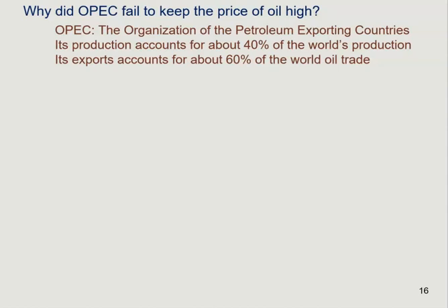When they announced a production cut, in the first few weeks or even the first month, the oil price increased. But after that, it dropped back to roughly the pre-announcement level. So this price manipulation or price control is not that effective. Here we're going to look at why.